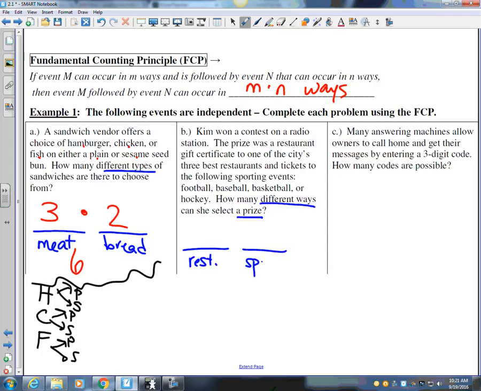A sporting event. Okay, so she gets to choose from a restaurant and a sporting event. How many choices does she have for the restaurant? 3. It says that right here. 3 restaurants. How many sporting events? 4. Football, baseball, basketball, and hockey. And what do you do with those 2 numbers? Multiply them. So there's 12 different ways she could pick her prize.